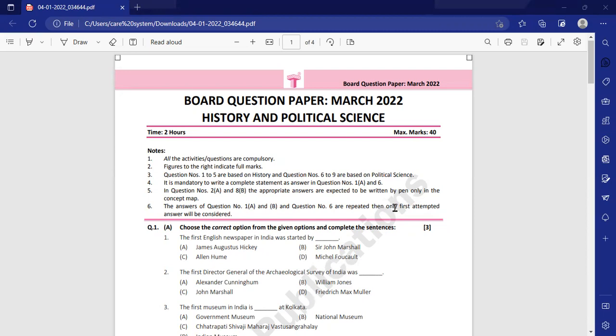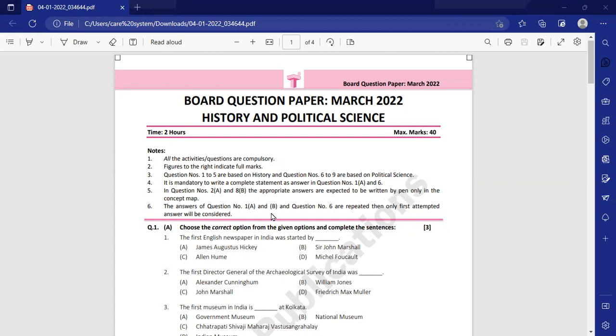It means that in concept map, you should write the words with pen. Okay? Means there itself, you can draw the boxes with pen. Don't take pencil, it will waste your time. So, write the answers and draw the boxes by pen.